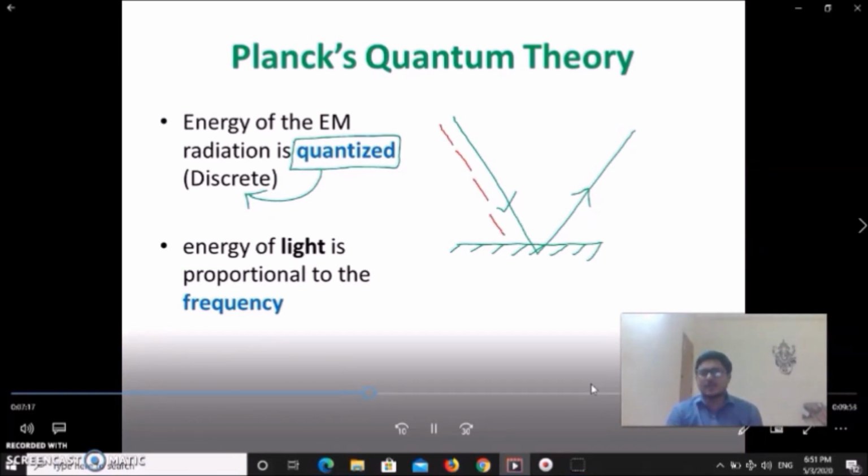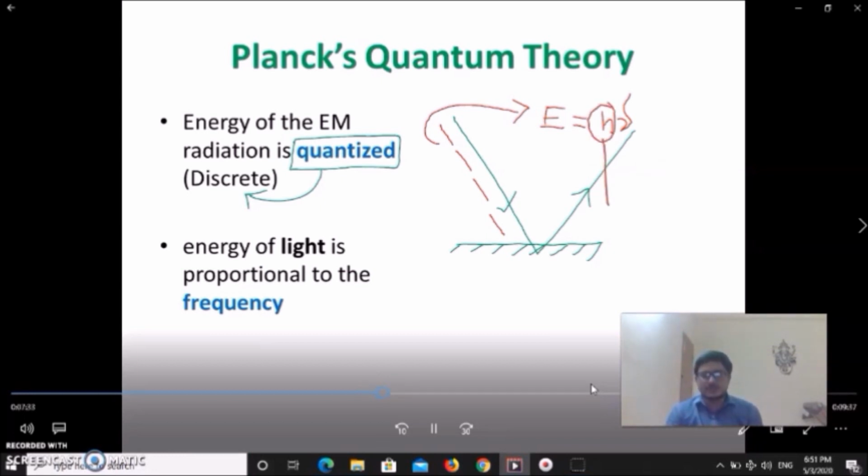So here I have taken 4 parts. For example, each of the parts has some particular energy. According to Planck, this energy expression is h nu.